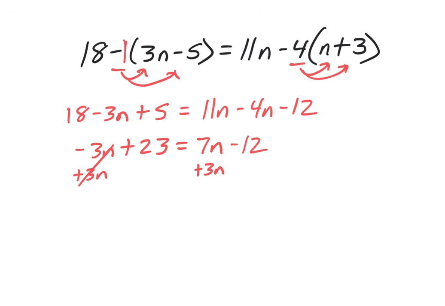Okay, so if I move my n's to the right, that means I got to move my numbers back to the left. And notice I'm getting rid of the things that are canceling out. As we start moving things, we should have things kind of start to disappear.